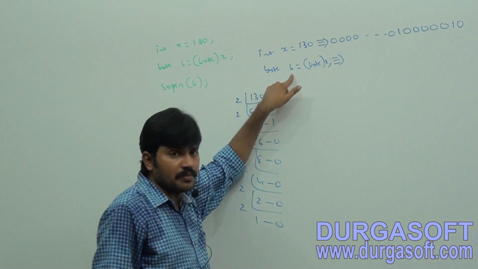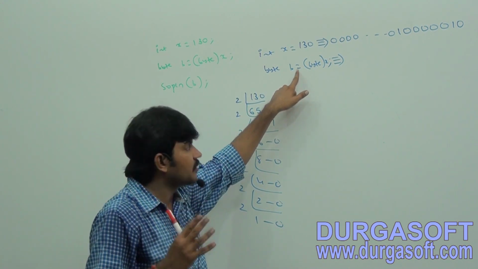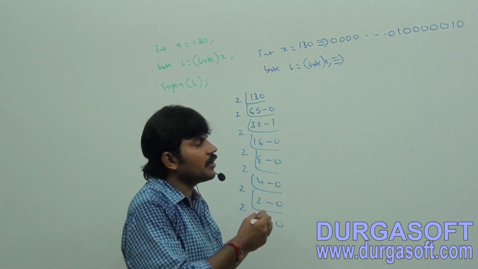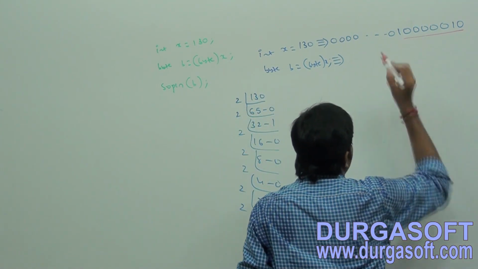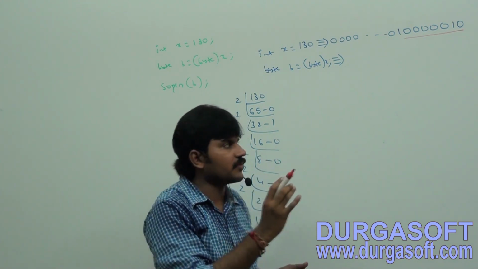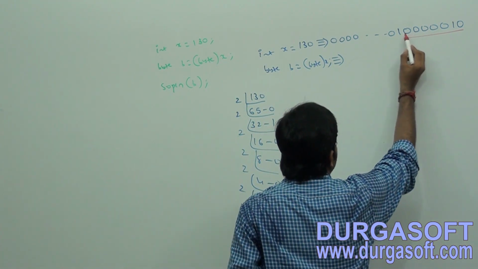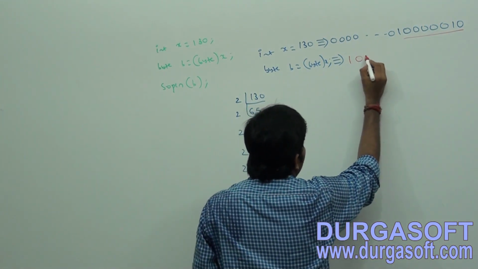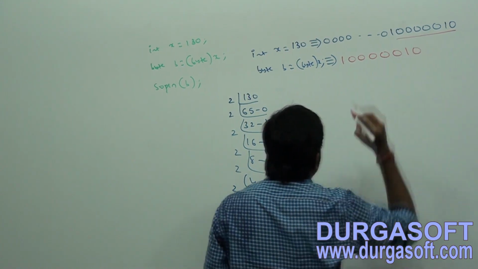But byte is how many bits? Just 8 bits. Then which 8 bits will be considered? Only the last 8 bits will be considered. The most significant bits by default will be gone. That's why we get 1 0 0 0 0 0 1 0, right?